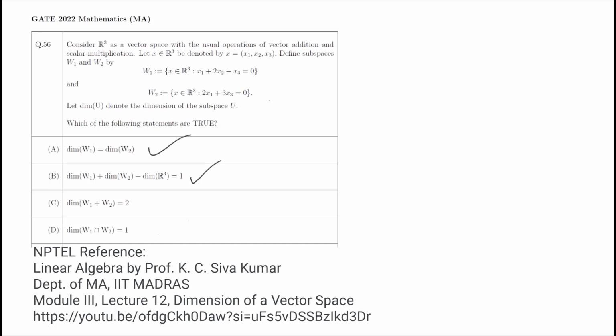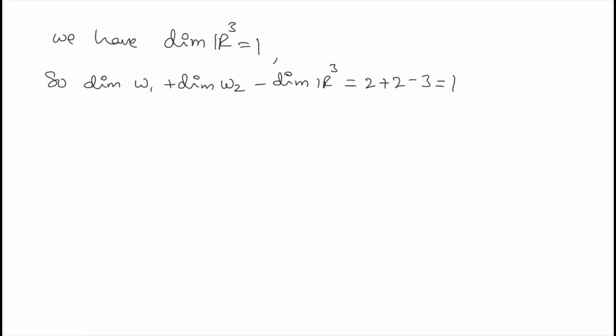Now coming to option C, we have to calculate the value of dimension of W1 plus W2, for which we have a formula in terms of dimension of W1 intersection W2. So firstly, we calculate the dimension of W1 intersection W2, then we can look into option C. For that, we first let a vector x given as (x1, x2, x3) in W1 intersection W2.